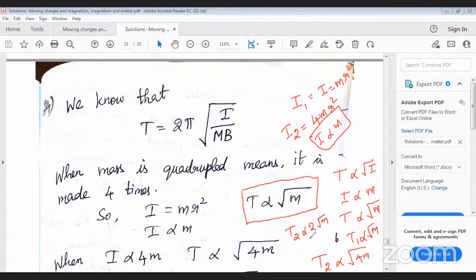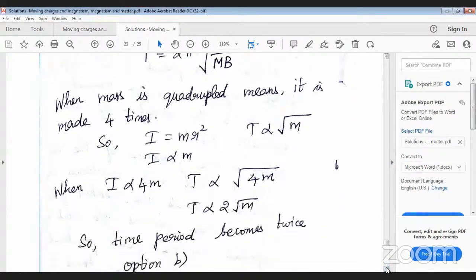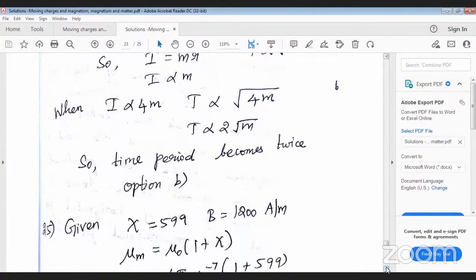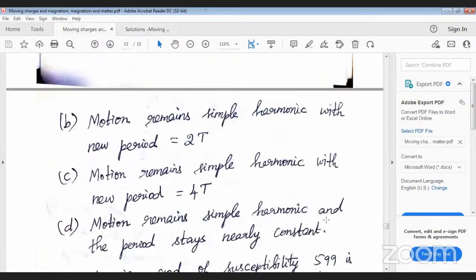That means the time period is now twice that of T1. I think you can understand these explanations. So the time period becomes twice.